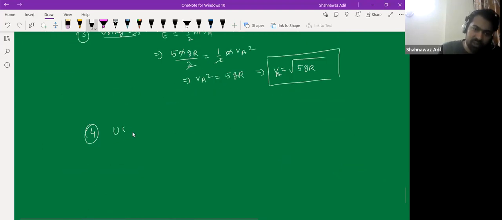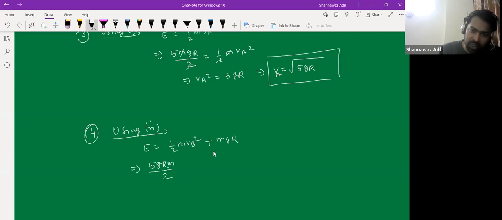So using the fourth one, E is half mv square plus mgr. So E, we know, is 5gr by 2 minus mgr, and this is half mv square.